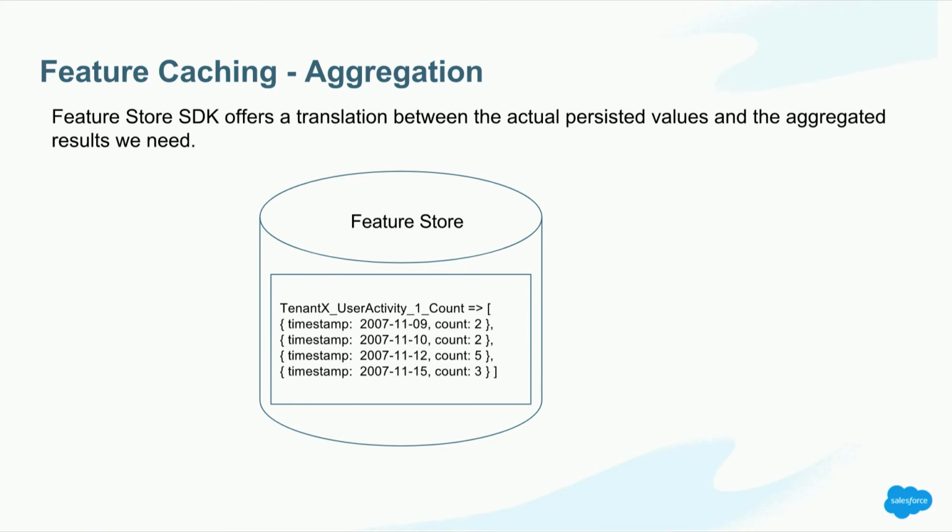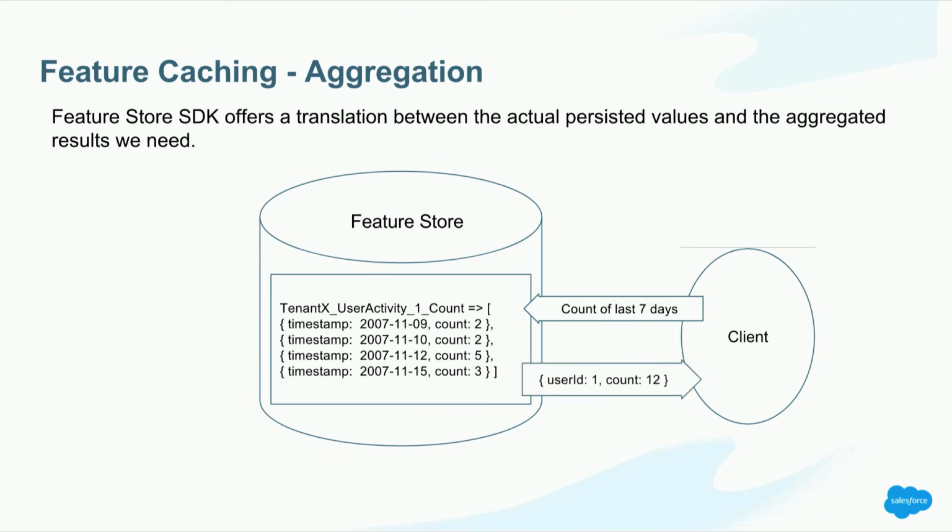And while the feature is defined very differently, internally the feature store will keep track of some daily aggregations across a certain horizon. So now when the client actually asks for a feature of a count of the last 7 days, the feature store SDK is smart enough to utilize the common feature definition we defined earlier to compute on the fly what the actual aggregated value is.